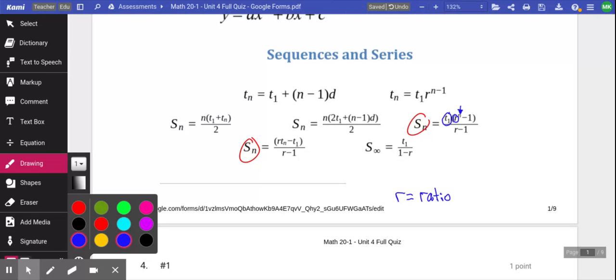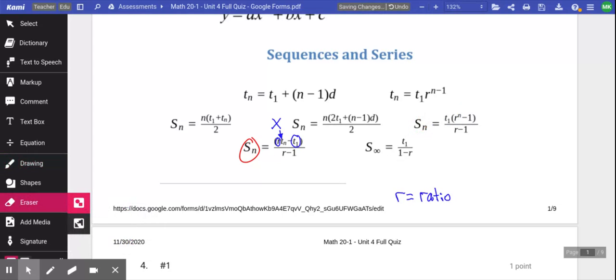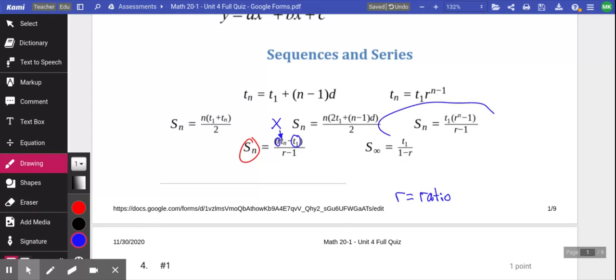For the other formula, I need to know R, the term on the nth day, the last day, and I need to know T of 1. I don't know the term on the last day, but I do know how many days there are. So this is the formula that I'm going to want to do. S of n equals T of 1, R to the power of n minus 1, and then R minus 1.